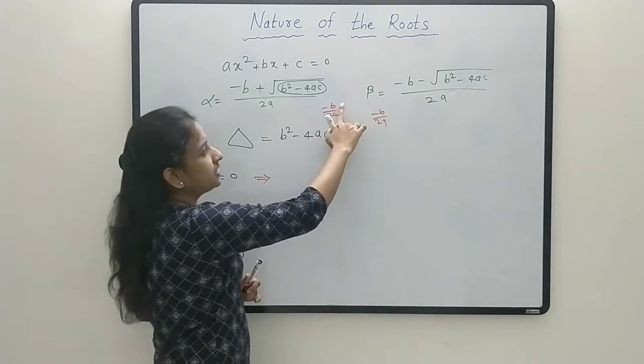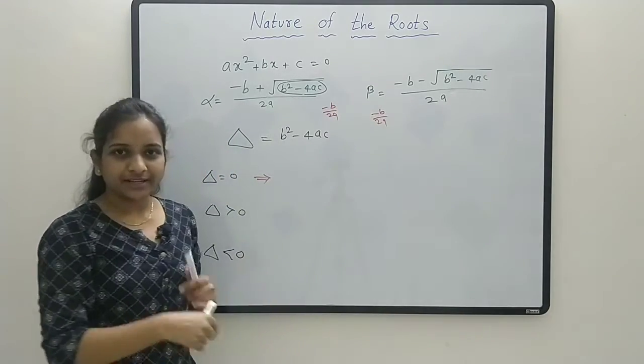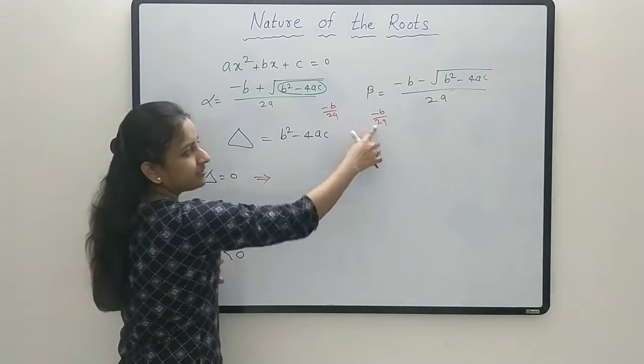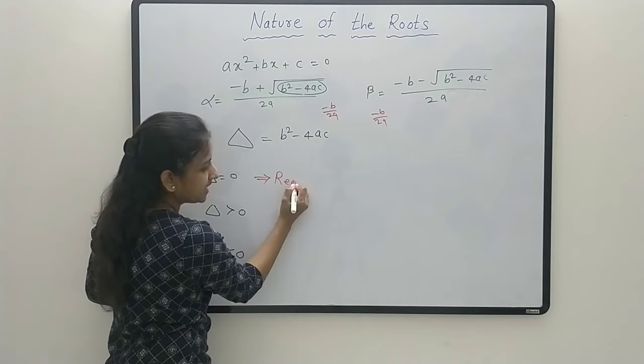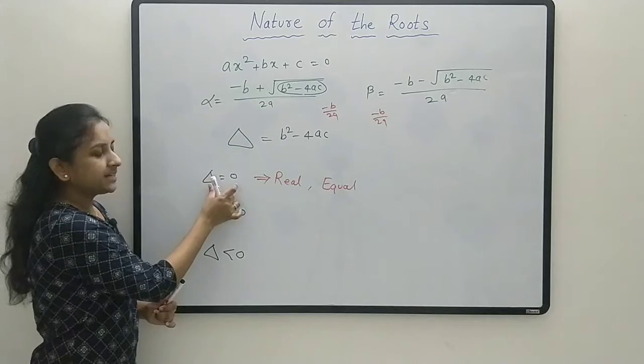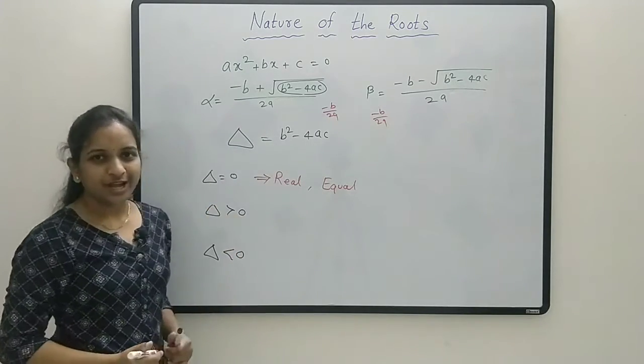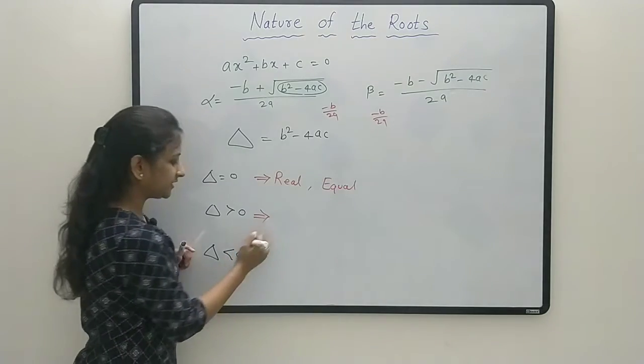Now, minus b by 2a, real number divided by real number, is a real number. That's why we can say both the roots are real and equal when the discriminant delta, b square minus 4ac, is 0.